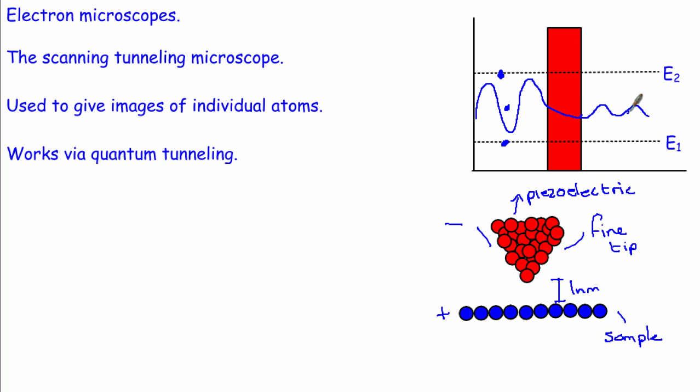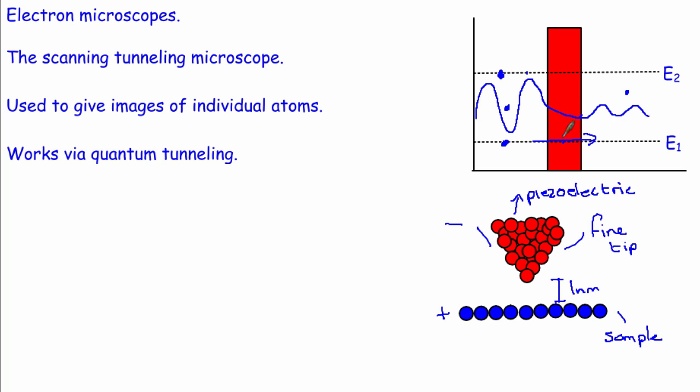Because this is a probability wave, there is a small probability that you'll find the electron on this side. Think of the barrier like a hill. Instead of going up over the hill, using energy to get to the top and then going back down the other side, the electron takes a shortcut and goes straight through the middle.